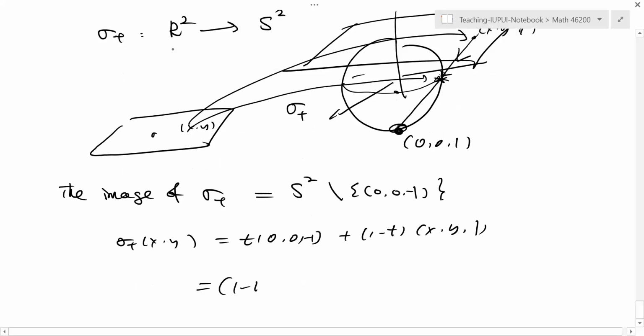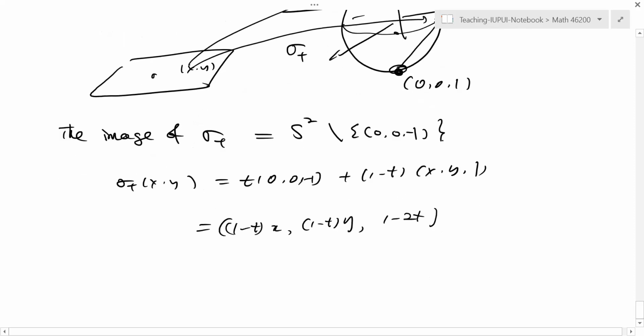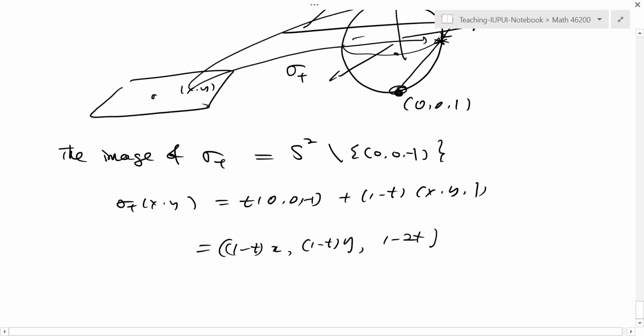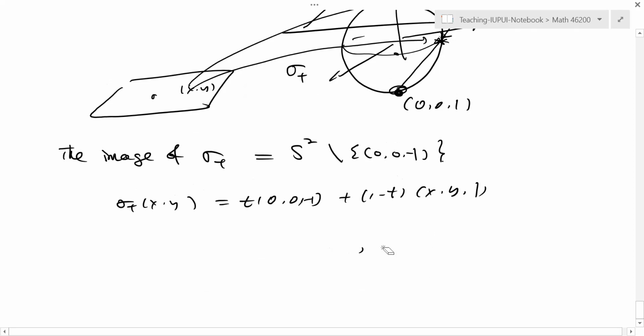So I get (1 minus t)x, (1 minus t)y, and I think it's minus 2t here, right? There's a negative t here. That's making it a little bit complicated. Instead, I'm going to change the variable here.